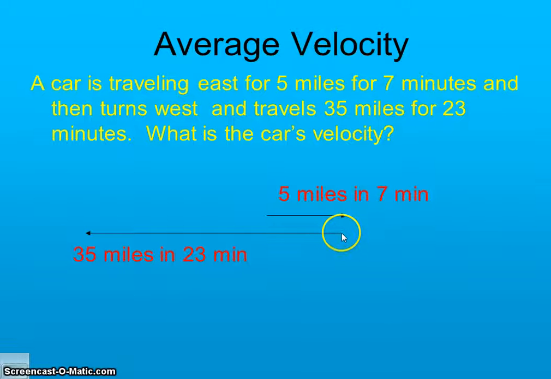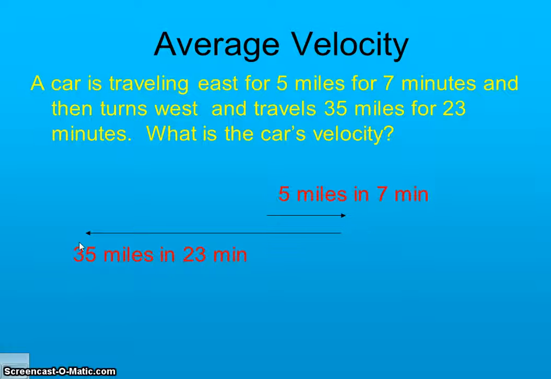We have this car, and they went this way, started right here, 5 miles for 7 minutes, and then turned around and went 35 miles in 23 minutes in that direction. Now, how do you figure that out?